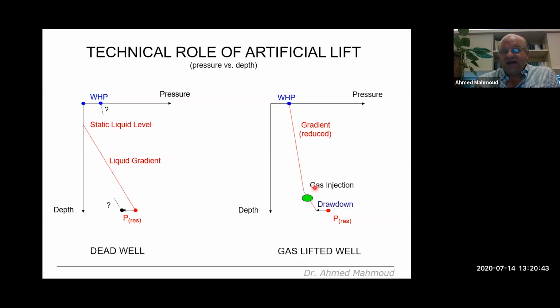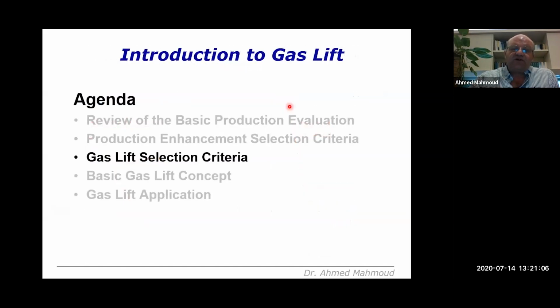Now, to change that in gas lift, I want to change this gradient line so that I can deliver fluid to the wellhead with pressure. And to do that, we do gas injection, and this gas injection will change the gradient line inclination and be able to deliver hydrocarbons to surface at a positive pressure. Okay, so that was the concept.